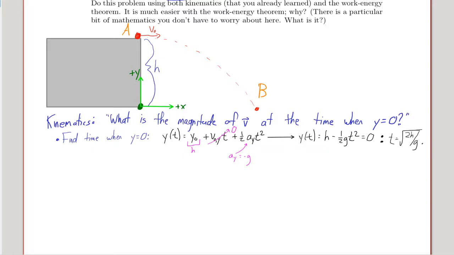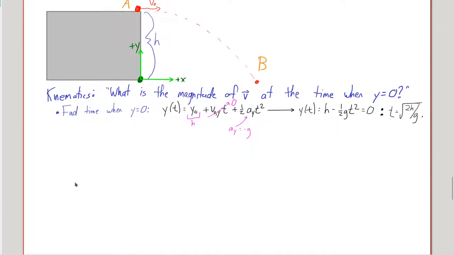Now I need to find the velocity at that time. I need both components because I'm finding a magnitude, right? So now I need vx and vy at that time. vx is just v0, since there's no acceleration in the x direction. vy is 0 minus g t.